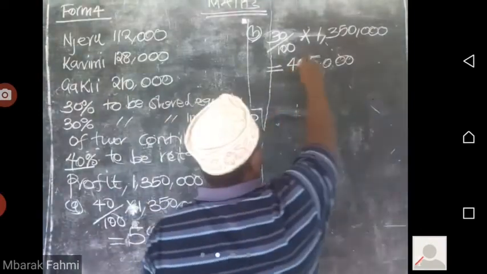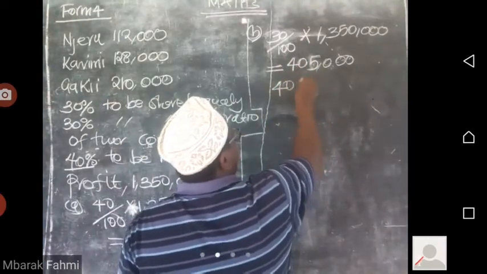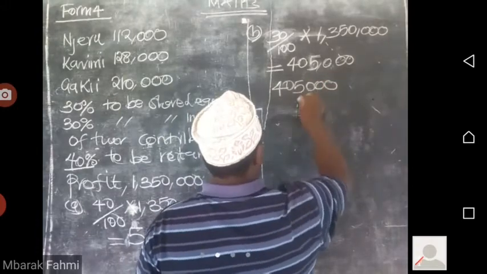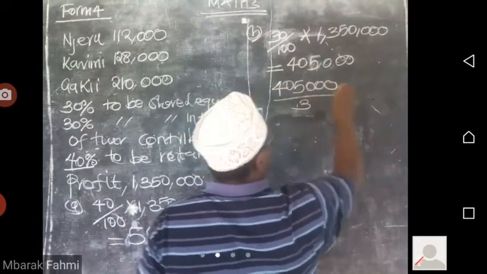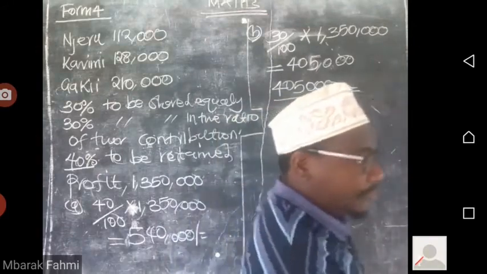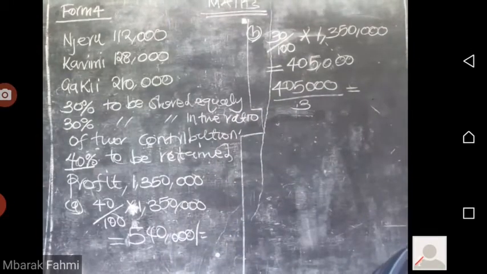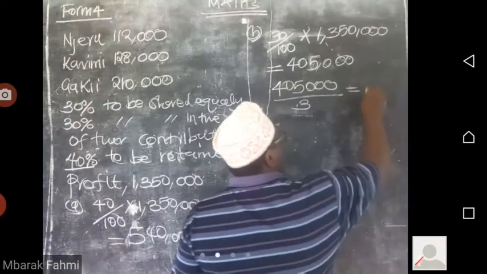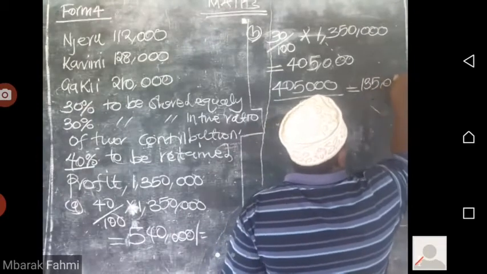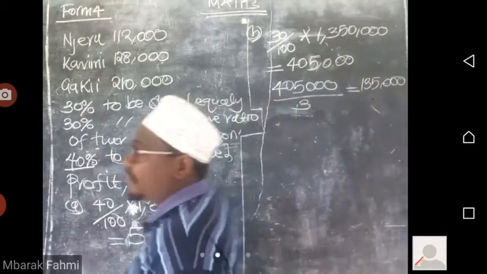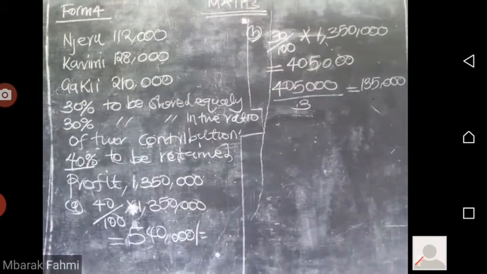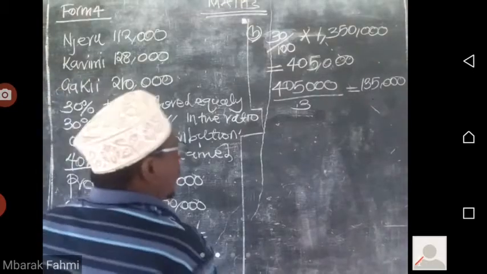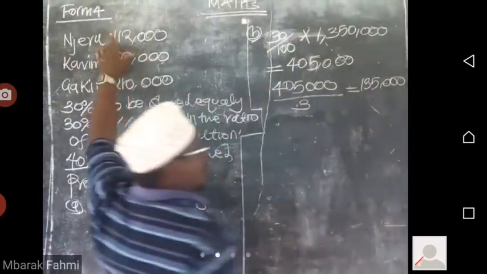So let's check the one which first was shared equally. 405,000 divided by 3 is going to give us 135,000. So each will receive 135,000 shillings.